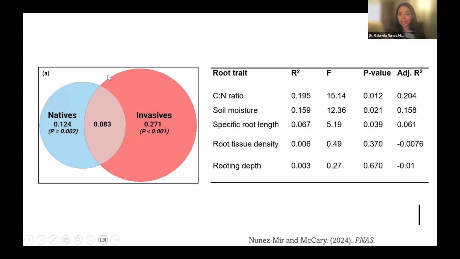And all you need to see here is that CN ratio, this first root trait over here, was able to explain 20% of a change in microbial composition from 1 year to the next. That's just one trait of the roots, CN ratio. We also found that specific root length, which we saw in question 1, where it was the difference between invasives and natives, was able to explain about 6% of the difference in the soil microbial communities from 1 year to the next in the same plot.